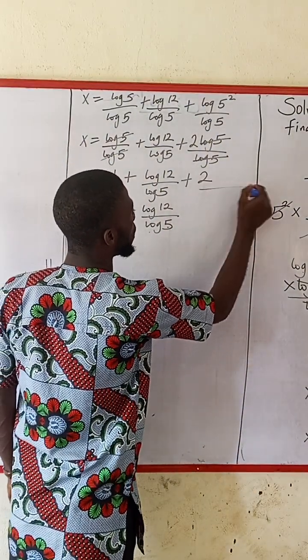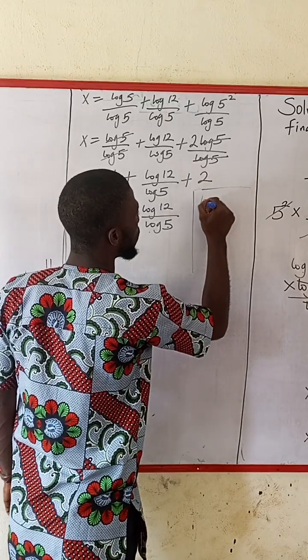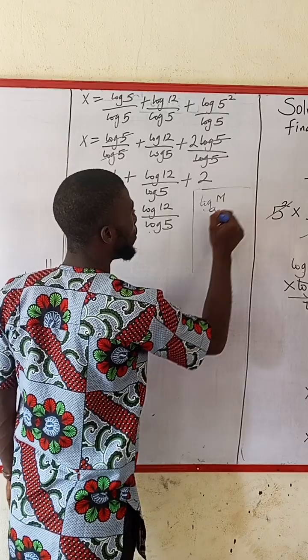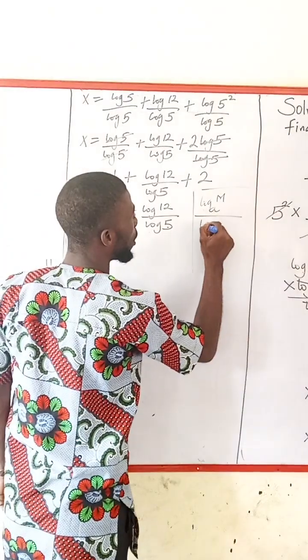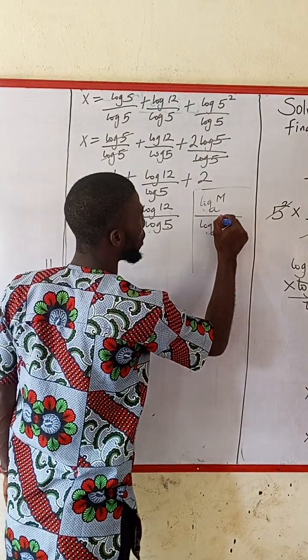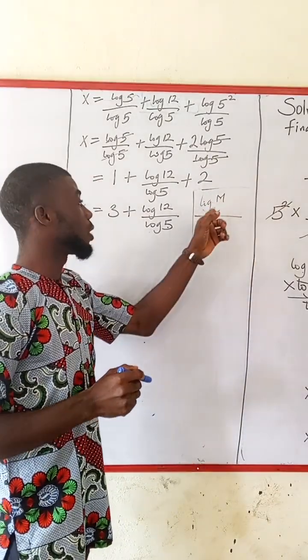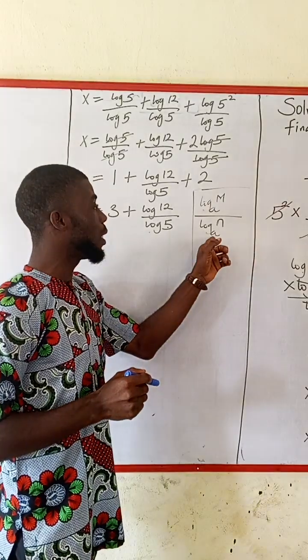Remember from our log reading, we said that if you have something like this, log base a of n divided by log base a of n. If you look at this, the numerator base of the logarithm is a and the denominator base is also a.